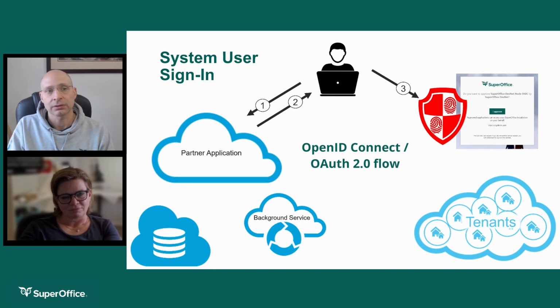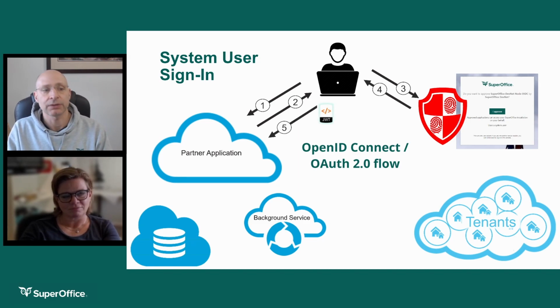The tenant administrator will then log in, and when successfully authenticated, will be prompted with the consent dialog where the user has to approve access to the tenant's web services for this application. Once he clicks approve, Super ID redirects the user back to the partner application along with the JWT.